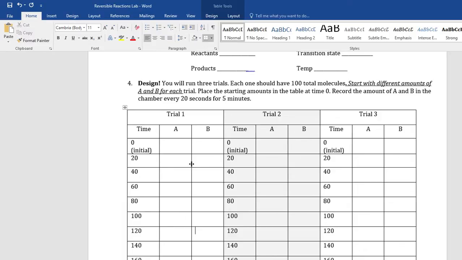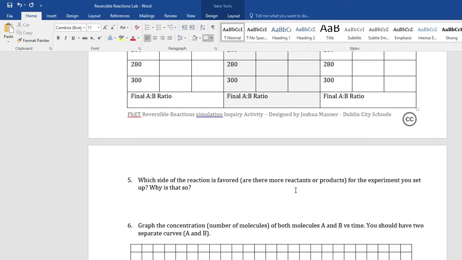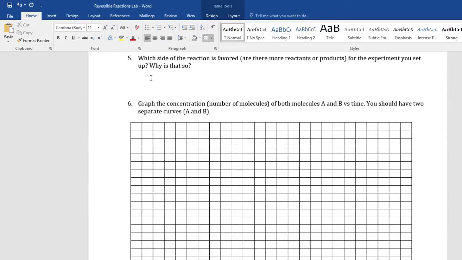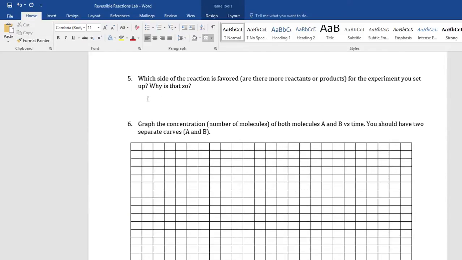So every 20 seconds, or roughly 20 seconds, we're going to take a reading of how much of the A molecule and the B molecule there is. We're then going to answer some questions, specifically which side of the reaction is favored. Are there more reactants or products for the experiment you set up? Why is that so? So we're going to get into that.